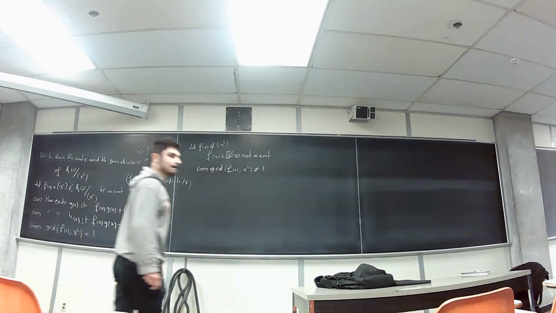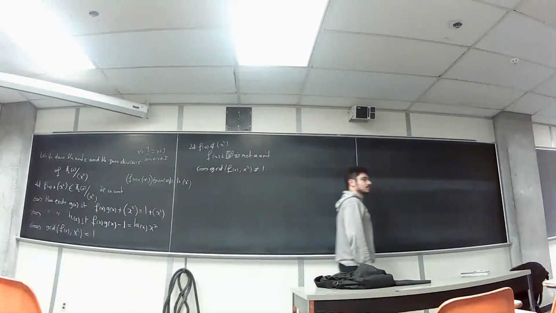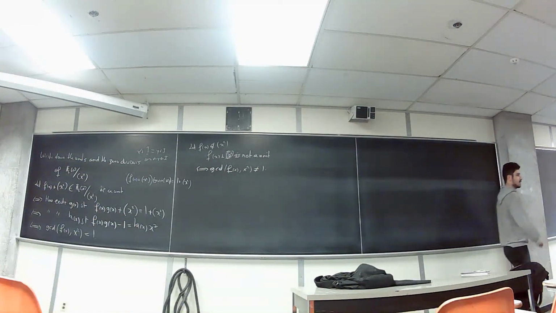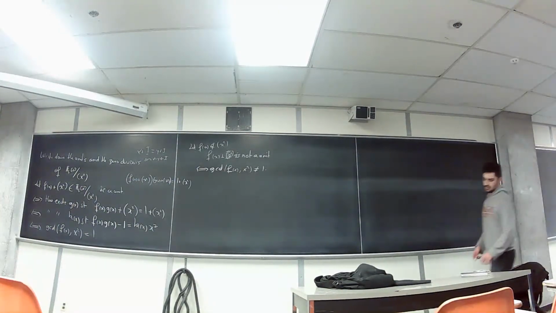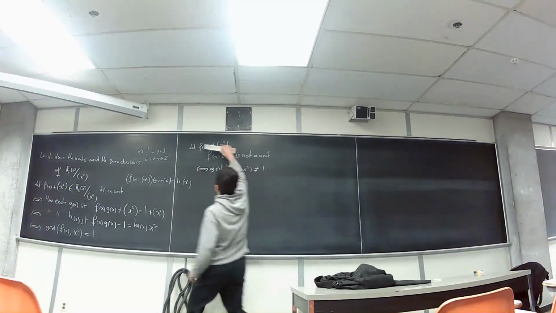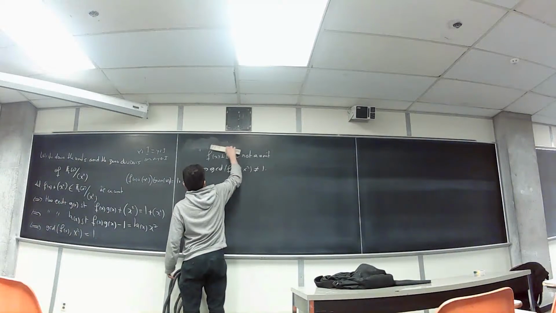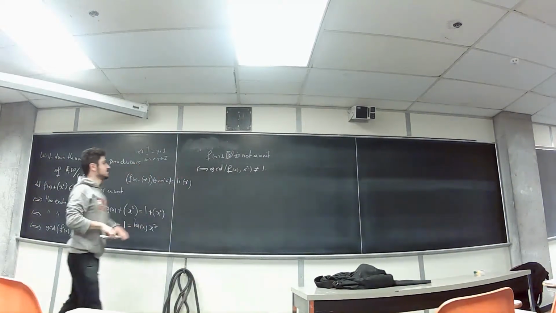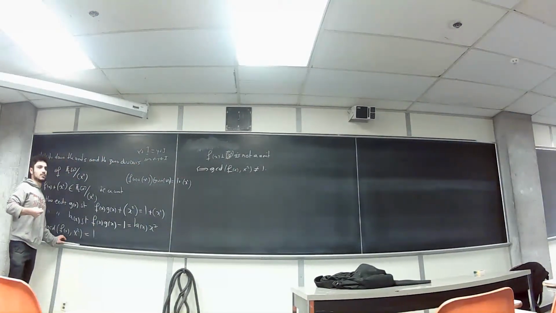Agree? It's a unit if and only if the GCD is 1. It's not a unit if and only if the GCD is different than 1. I just want to say it's a zero divisor. Okay, that's it.